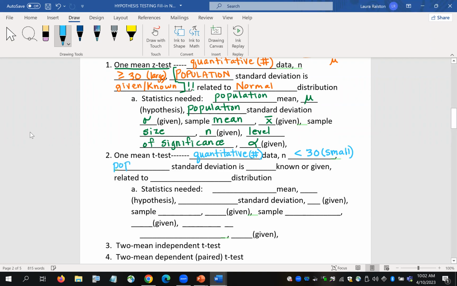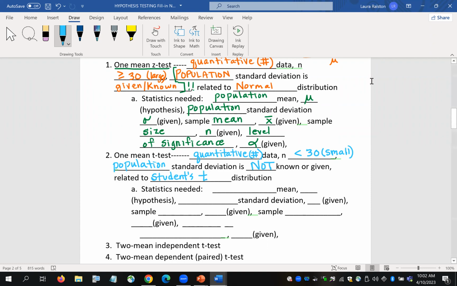The population standard deviation is not known or given, and it's related to the student's t distribution, which we talked about with confidence intervals.